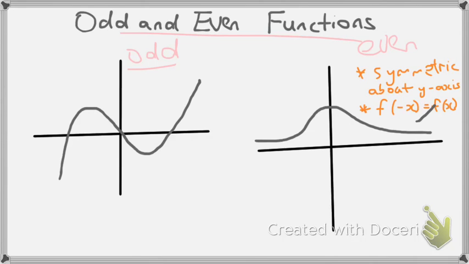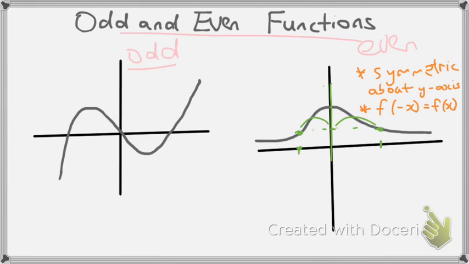If you pick an x value, and you say what is the value of the function at that x value, that's f of x there, and then you take the same negative x value, what is the value of the function there? They should be the same. That is what it means to be symmetric, right? This point here should be reflected in this line, so these two distances should be the same. Okay, and we'll do some proving of that in a second.